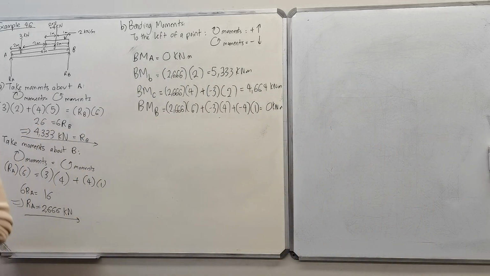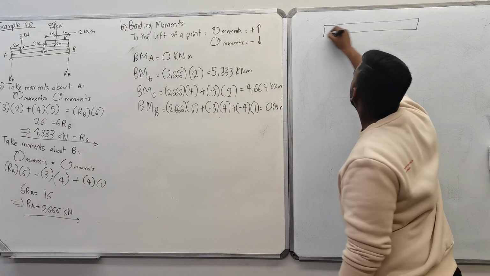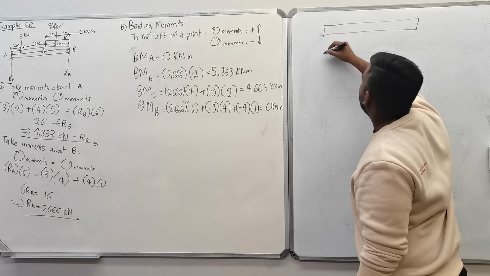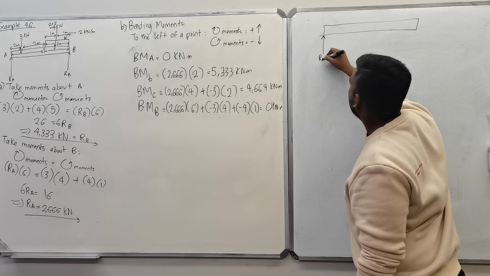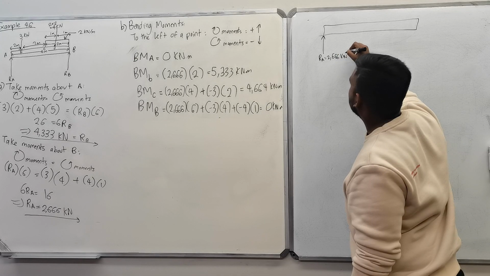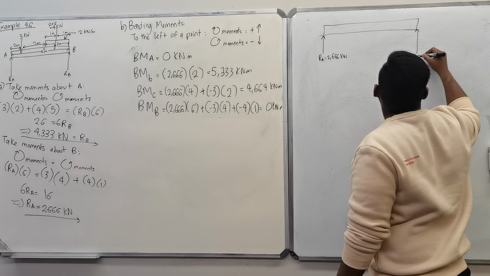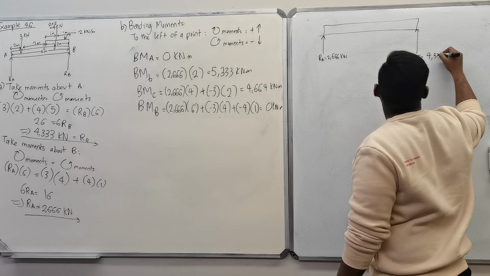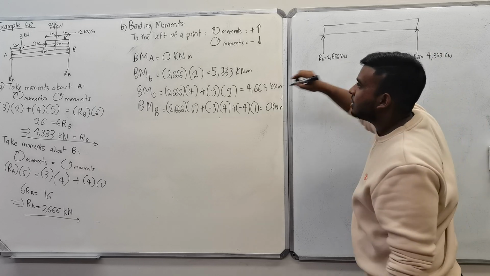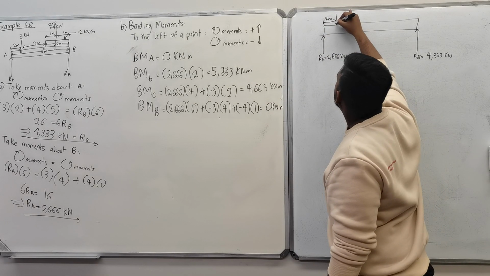Then they ask you to draw the shearing force and bending moment diagram. So this is our loading diagram, and this is RA, which is equal to 2.666 kilonewtons, and this here is RB, which is equal to 4.333 kilonewtons. We have a force here of 3 kilonewtons at 2 meters.